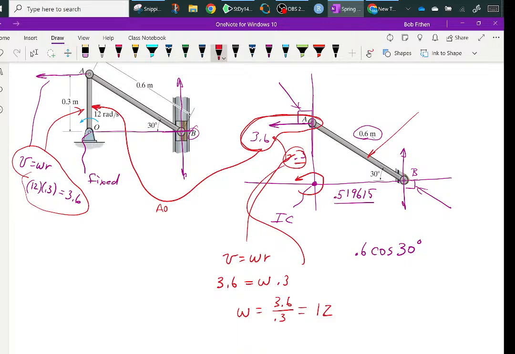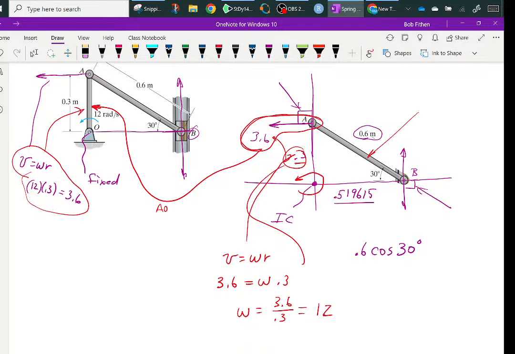This is a weird one because it turns out the instant center of this link is the same as the instant center for this link. That is not the case all the time. And actually what I might do is finish this problem with instant center and move on to another problem that doesn't occur, and then work that both ways.